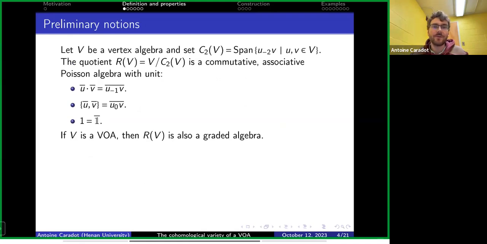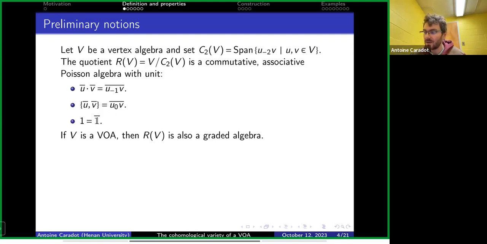So some preliminary notions before I can give the definition. If you have a vertex algebra V, you can define the space C2 spanned by all the, let's say, -2 products in your vertex algebra. And then if you quotient V by your C2, it's called the C2 algebra. And as such, it is a commutative associative Poisson algebra with a unit.